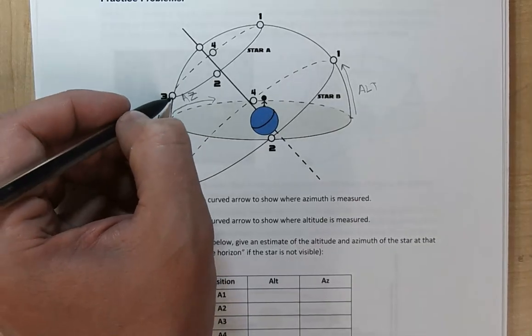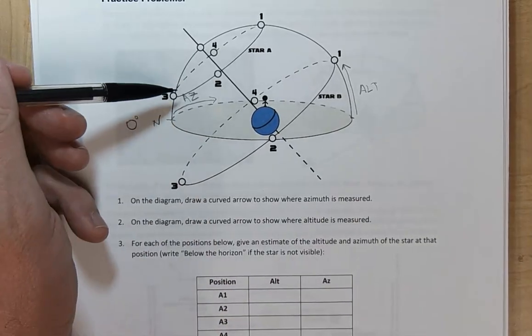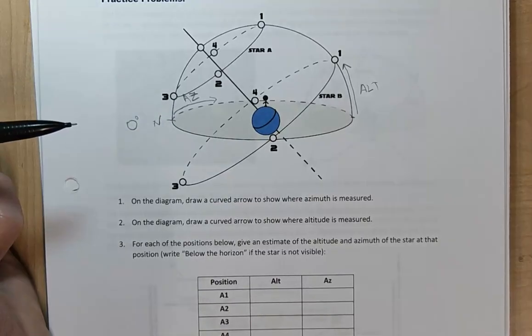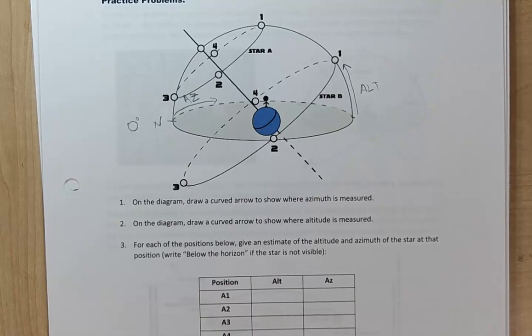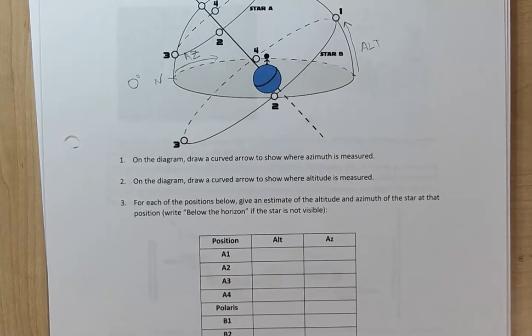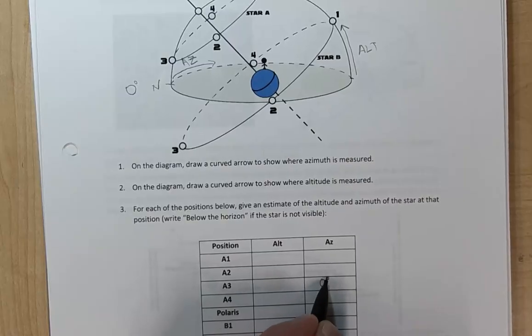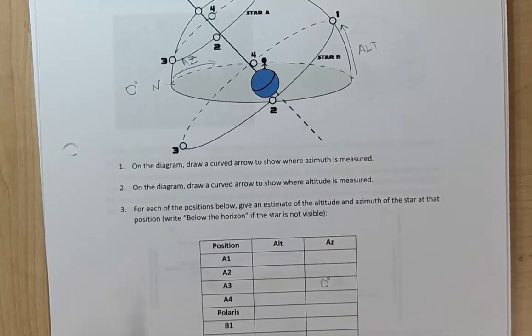Because A3 is right above the northern horizon. So what is due north? That's 0 degrees azimuth. So there we go. And how many degrees above the horizon is A3?